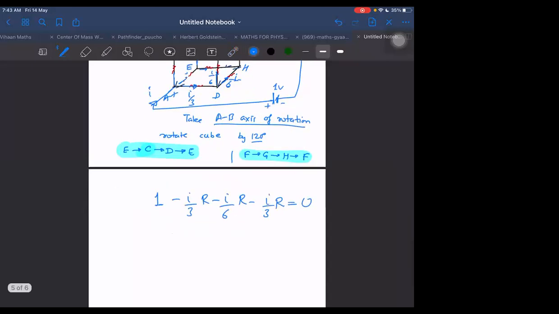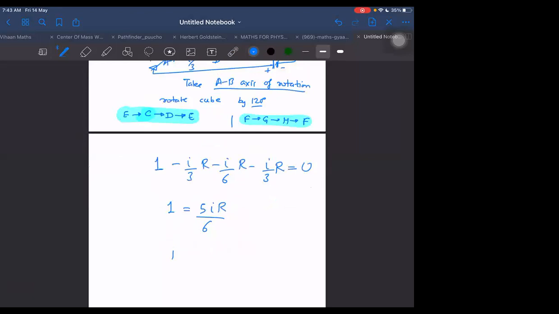So we get 1 is equal to 5 IR by 6. What is I equal to?